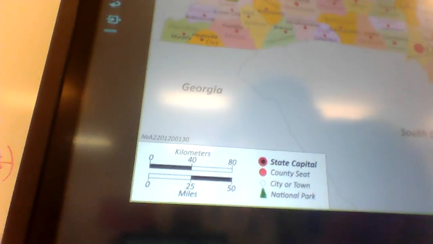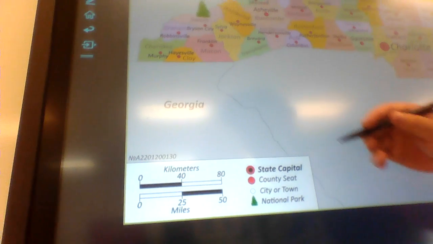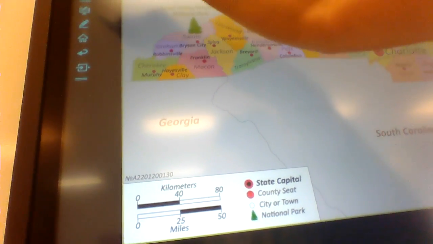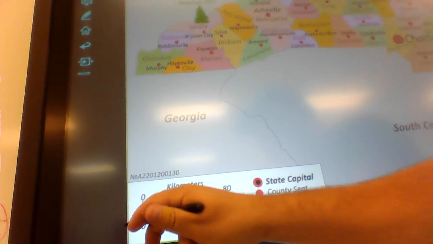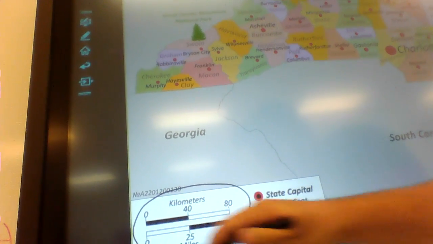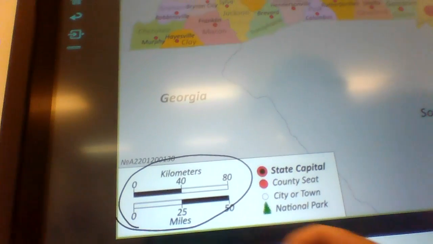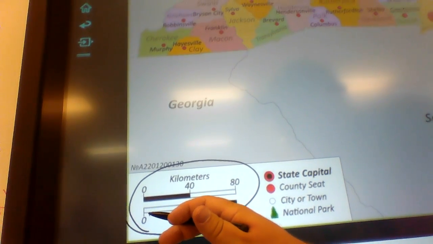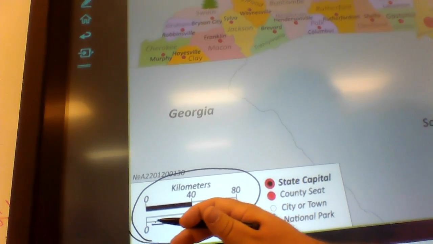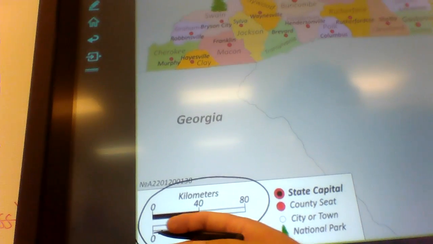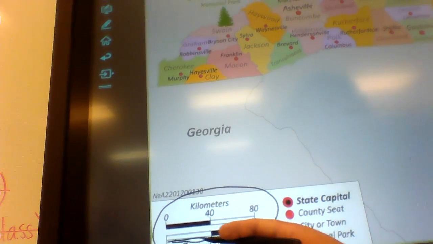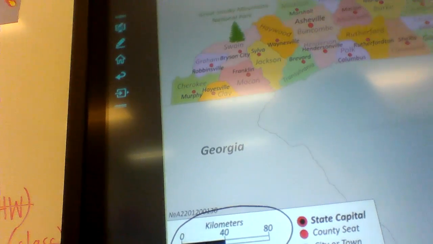All right, so if you see here on the screen, the small black and white lines, I'm going to try to get where I can draw on the screen again up here. Right here is your scale. And it shows me that this distance right here covered by the white area of this line is 25 miles. And if I go the full length of this right here is 50 miles.